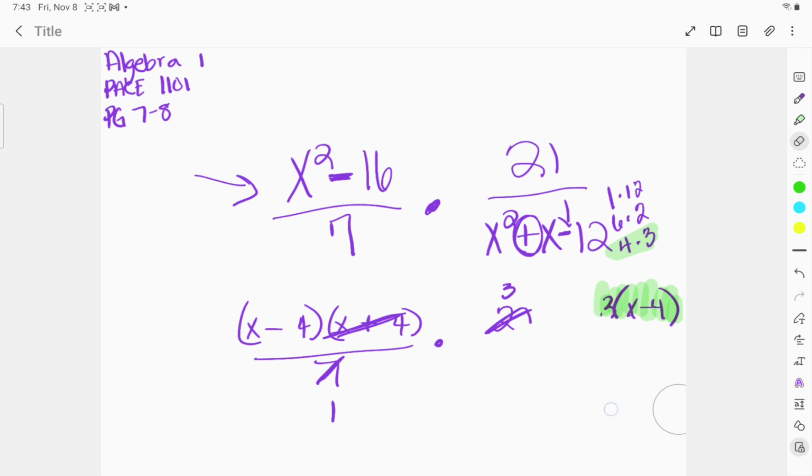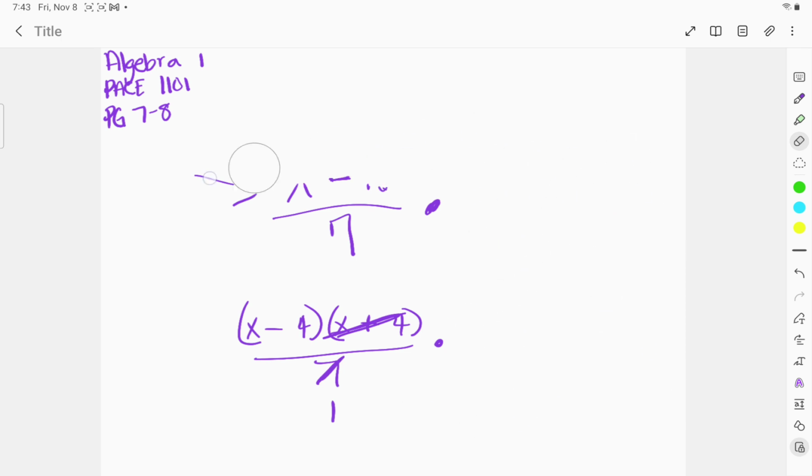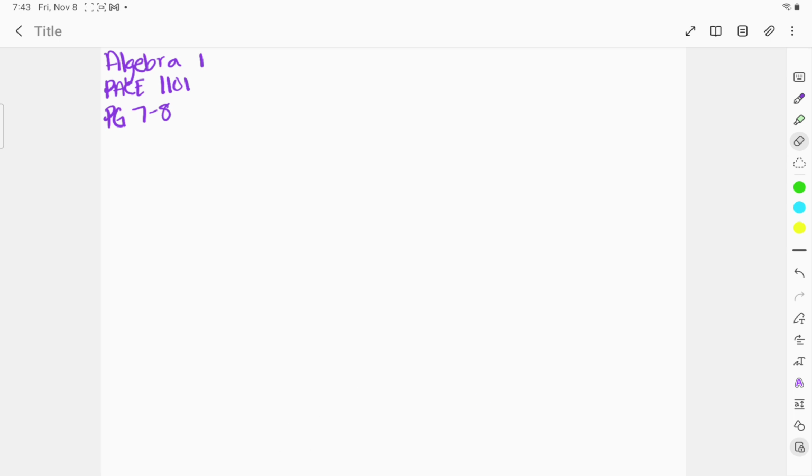Okay, so let's do one more of these. All right, so we're going to do a squared minus 4. Hope you immediately recognize that that is a difference of 2 squares.